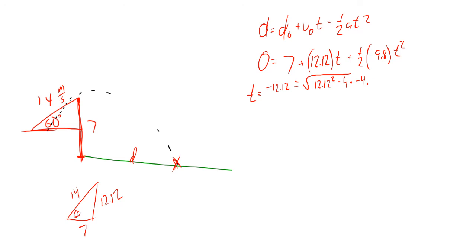Are we okay with that? Negative 4.9. 4ac, all over 2 times negative 4.9. Oh, okay, so there's that.